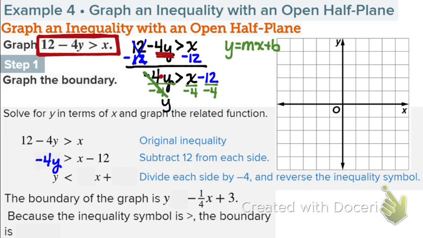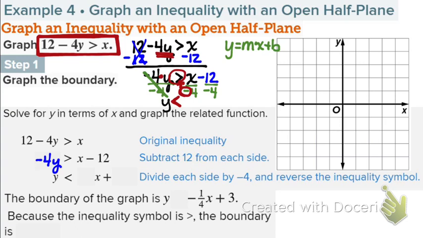Something really interesting happens here, though. Whenever I divide by a negative, it's going to flip my inequality. So it's not going to be a greater than anymore. I have to flip this around, and it looks like this now. There's a little invisible number next to my x.